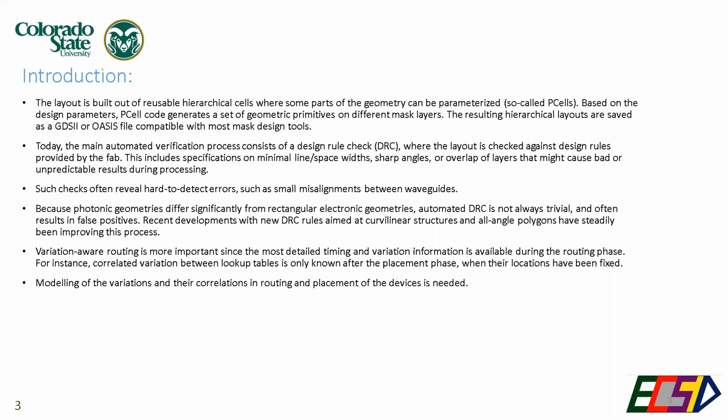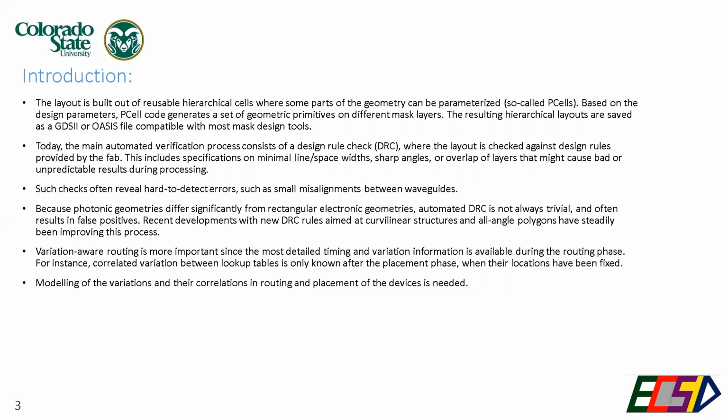Today, the main automated verification process consists of the design rule check, where the layout is checked against design rules provided by the fab. These include specifications on space width, sharp angles, and overlap of layers, which are unpredictable. These checks often reveal hard-to-detect errors, such as minute misalignment between waveguides.